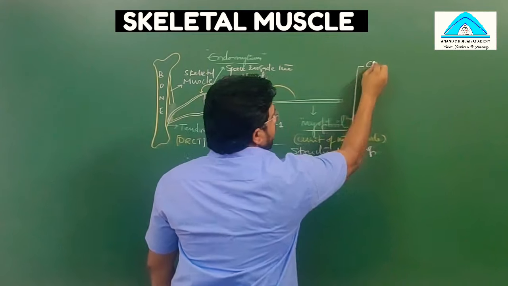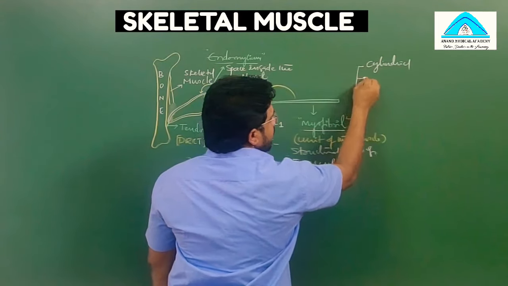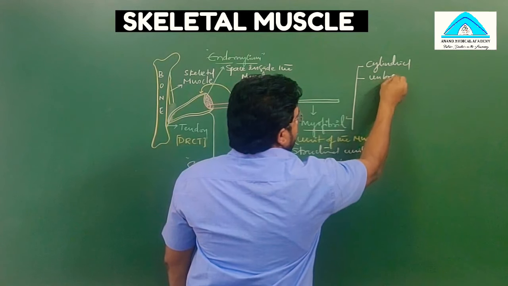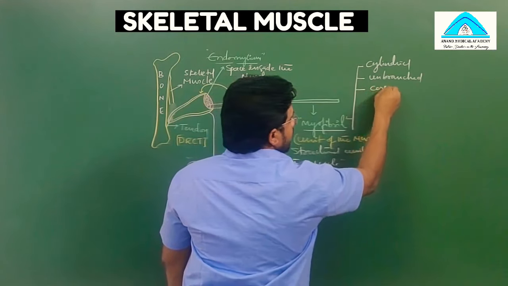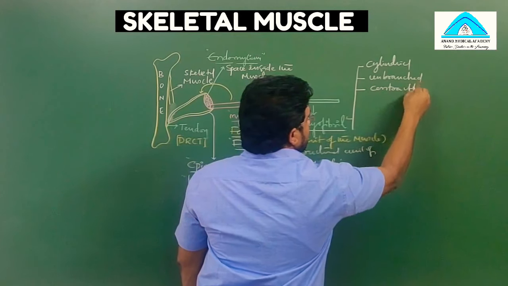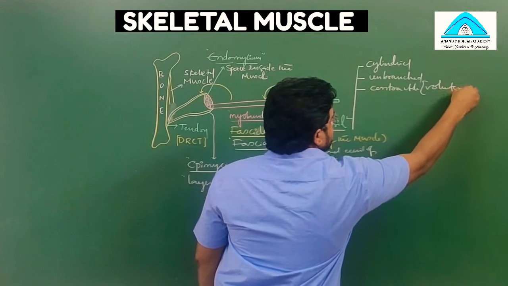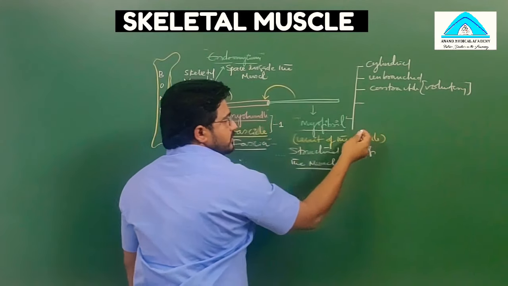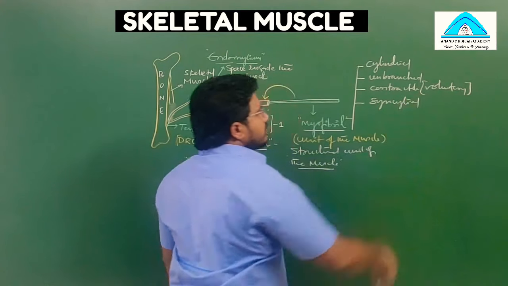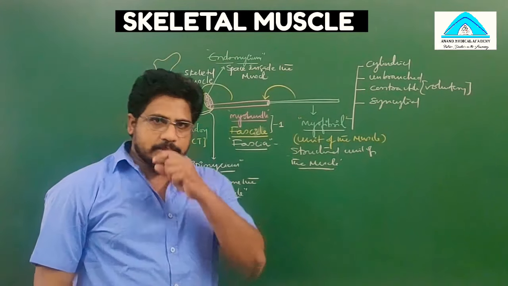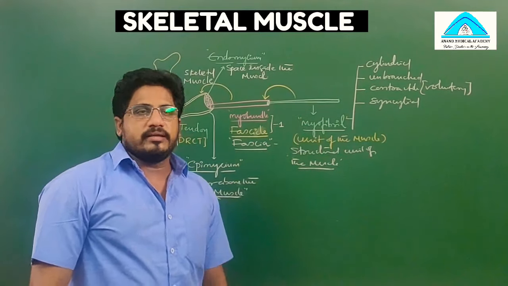Number one, myofibril is cylindrical. Myofibril is unbranched. Myofibril is contractile, meaning voluntary, and myofibril is syncytial. In fact, all the skeletal muscle characteristics which I explained in the last session belong to the myofibril. Then myofibril has peripheral nuclei. Nuclei is plural, that's why syncytial, which means multinucleated.